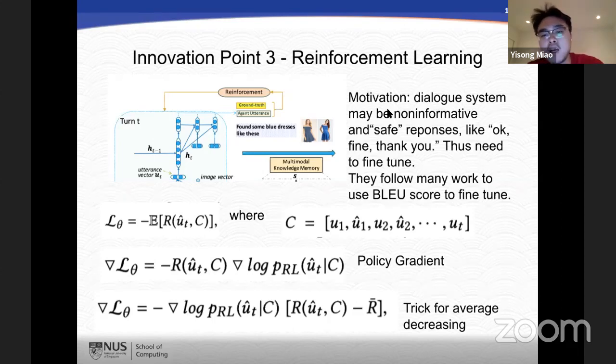The reason is that first, these responses are common and frequently occur, and second, I think these responses are safe. Maybe they are less penalized at training time.